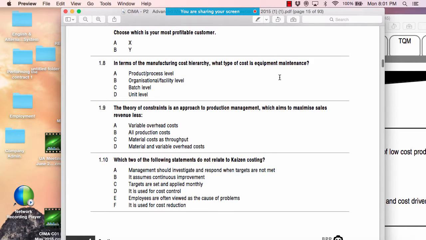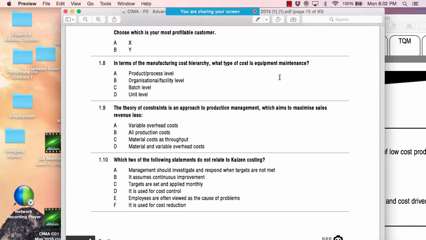Right, 1.8. I got B. Okay, and you, Elaine? I got totally lost because I went to the manufacturing cost hierarchy and that threw me. I just thought, I don't know what that is.